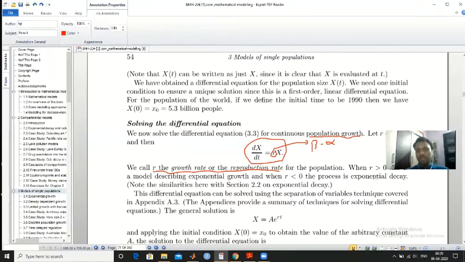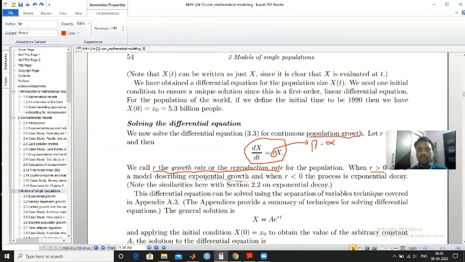And you can check, R will be positive if beta is greater than alpha, meaning birth rate is greater than the death rate. Then that describes the exponential growth.